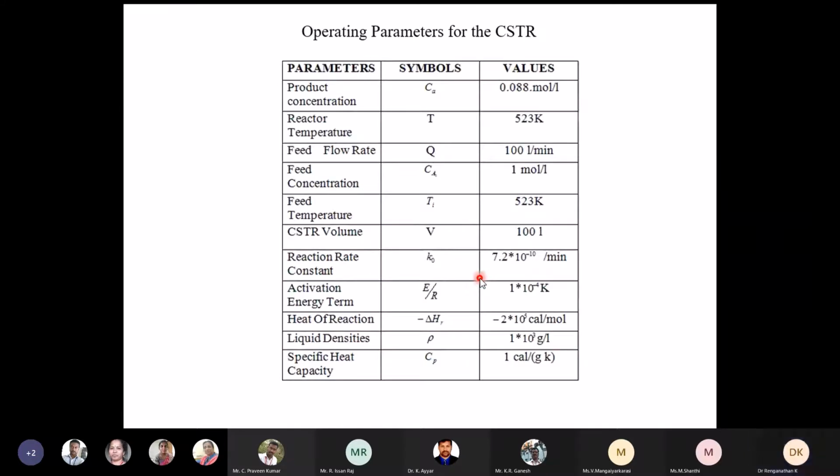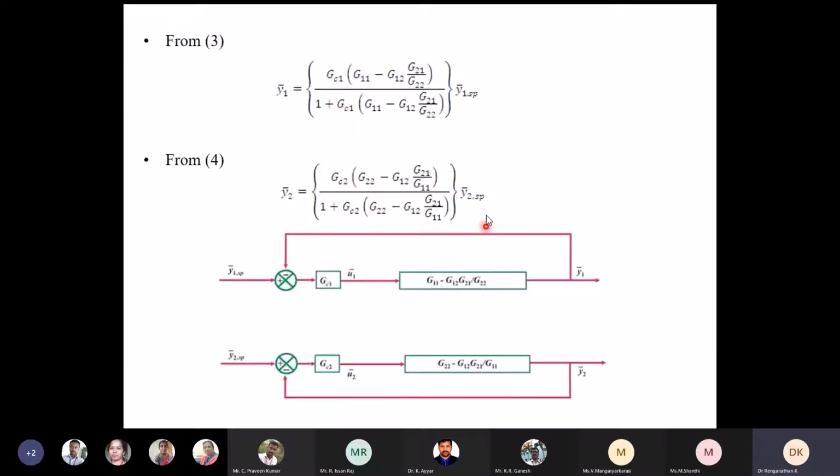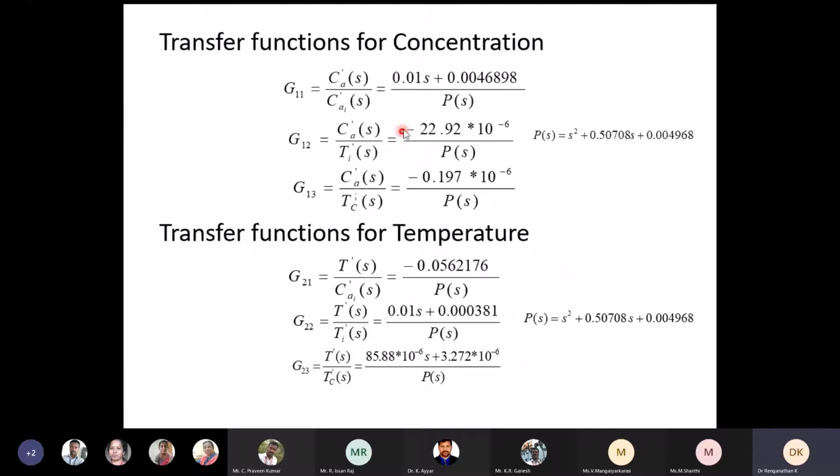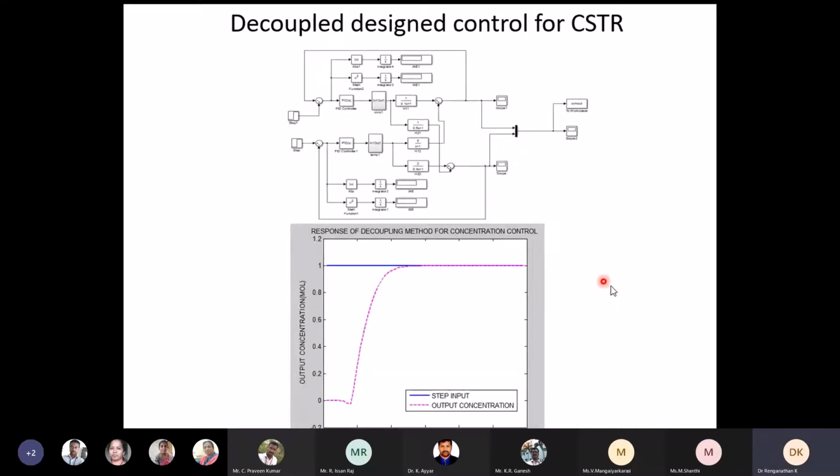So the same thing I have done here, I have taken an example. My students have taken this CSTR as an example, and they have gone for this decoupling technique. So transfer functions were obtained for concentration as well as for temperature. So these were the linearized equations which were obtained, and for that a decoupled system design was done. So we can see here, this is a response of a decoupling method for concentration control.